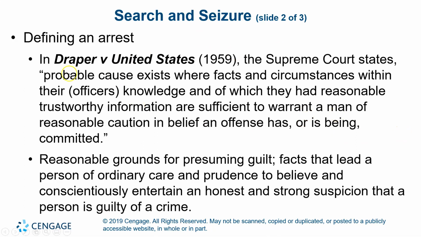Probable cause means reasonable grounds for presuming guilt: facts that lead a person of ordinary care and prudence to believe and conscientiously entertain an honest and strong suspicion that this person is guilty of a crime. Here again, we're giving you more elements of probable cause.